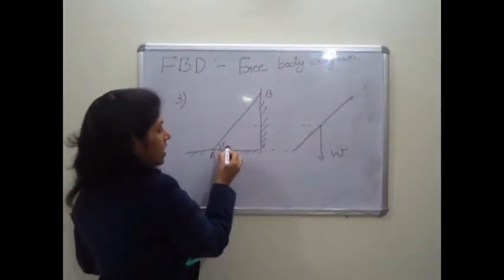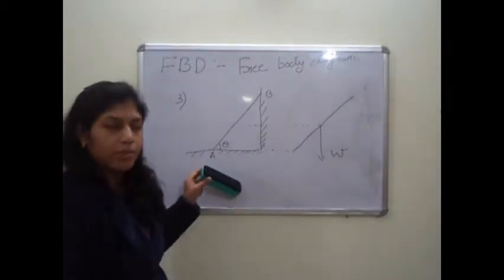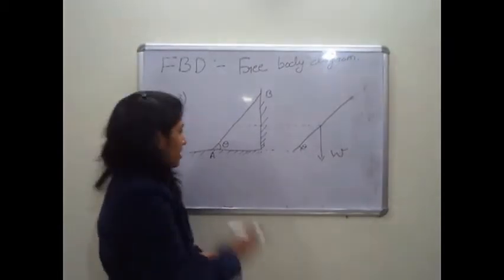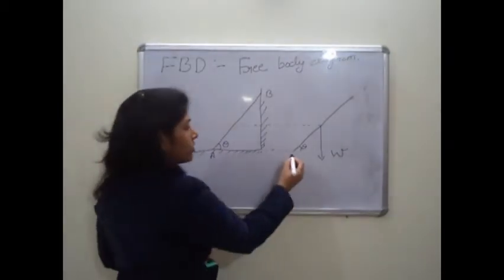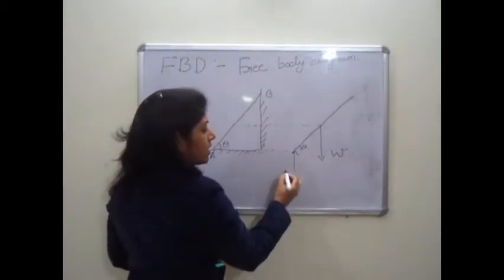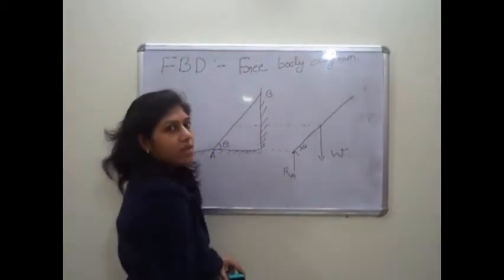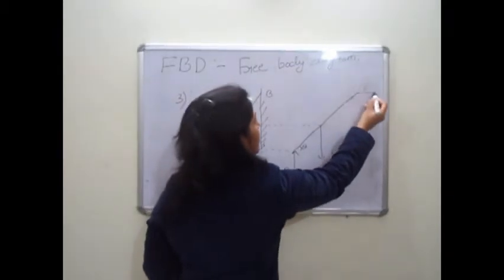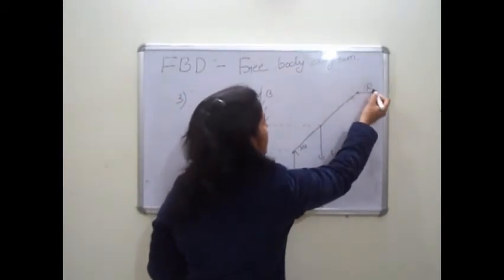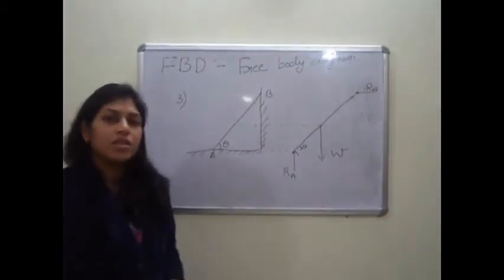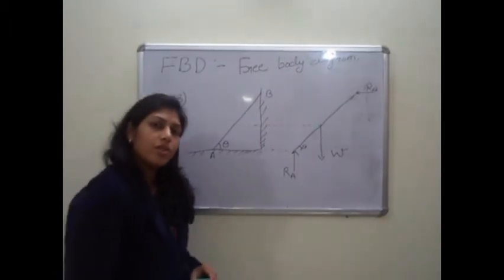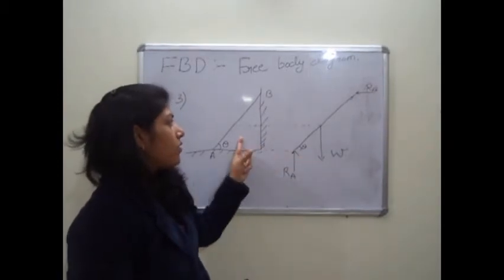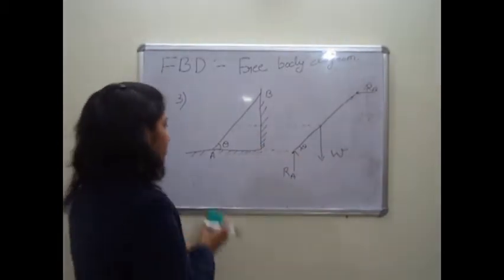If we consider angle theta with the horizontal plane, we can mark angle theta here. It is supported at point A, so there should be reaction RA perpendicular to the surface, and at point B, reaction RB perpendicular to the surface. So this is the free body diagram for a bar.